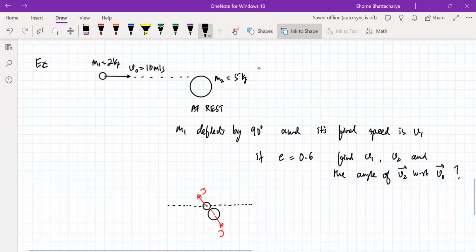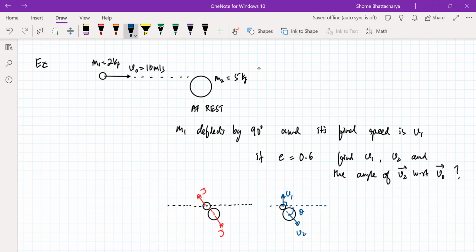And after impact, you can see that it's given to us that this velocity V1 and this velocity V2 be such that this is at 90 degrees, but this is some unknown angle.